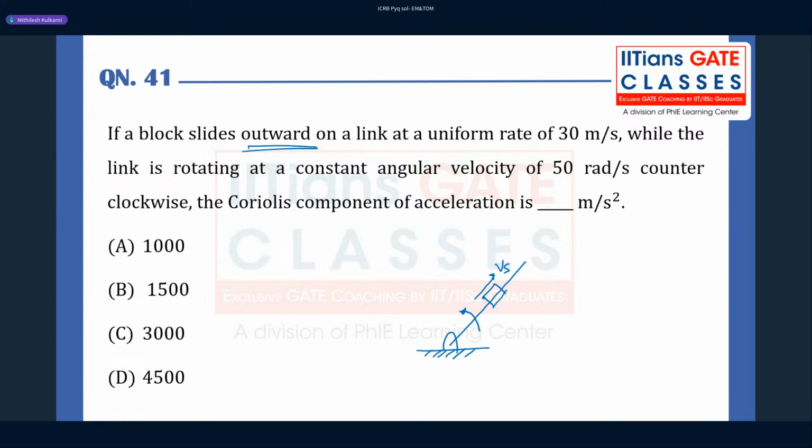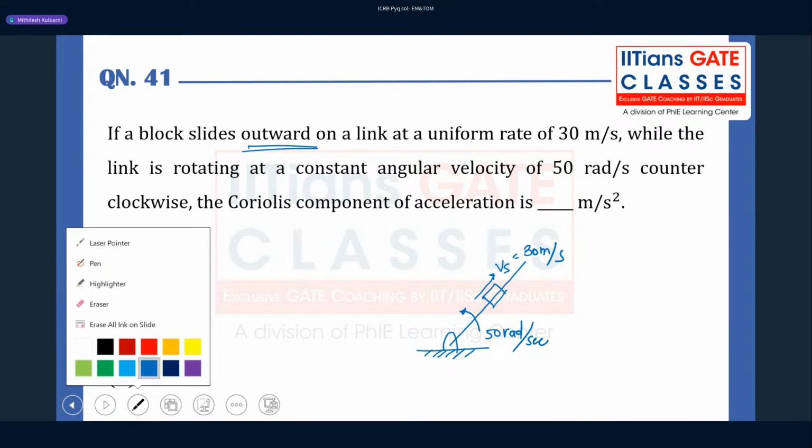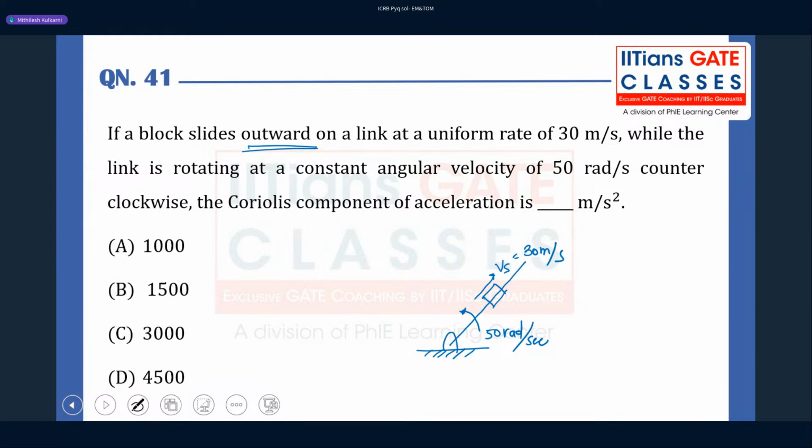Also, the link is rotating in the counterclockwise direction, which is 50 radian per second, and this one is 30 meters per second. Whenever this kind of arrangement is there, the Coriolis component of the acceleration will come because of the combination of the translation of the slider and the rotation of the link.